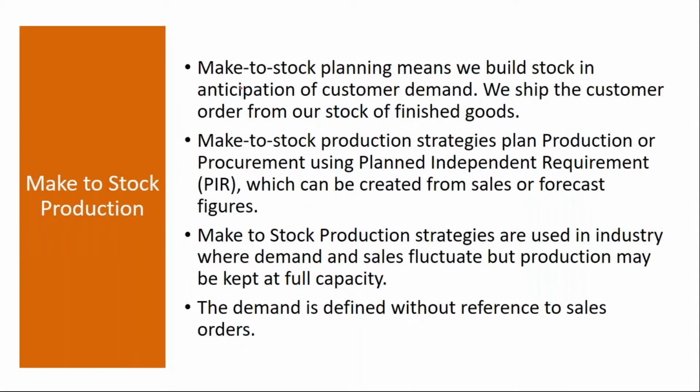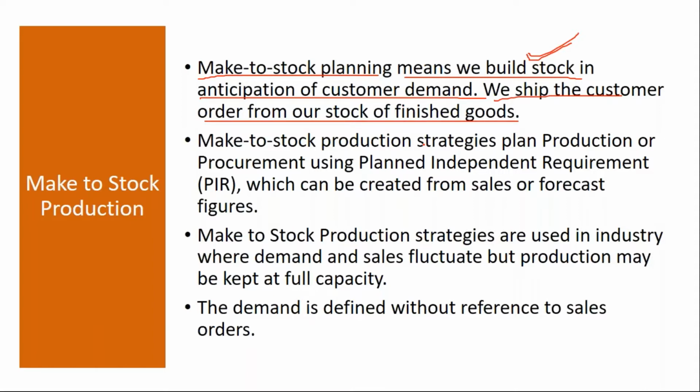So this we discussed already. Make to stock planning means we build stock in anticipation of customer demand. This we discussed already yesterday. Even before the customer gives the order, we start the production and we build the stock. We keep the inventory in the organization. We ship the customer order from our stock of finished goods. So once the customer gives the order, we have already produced the stock.